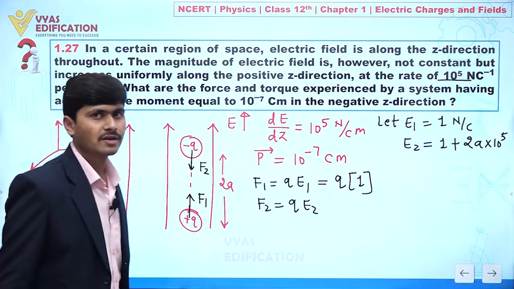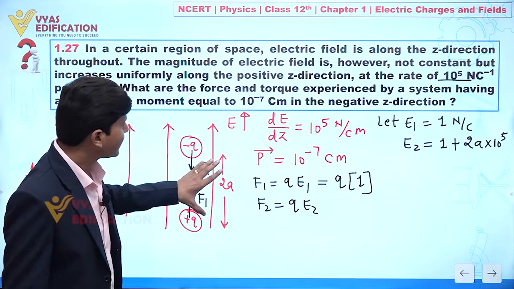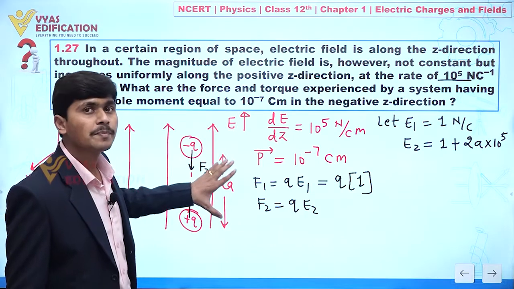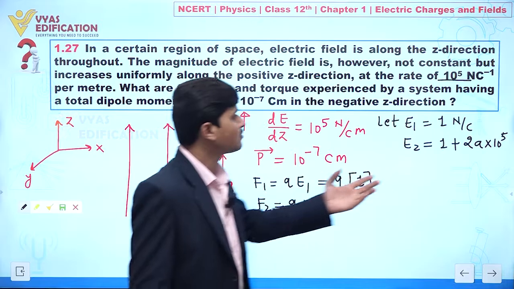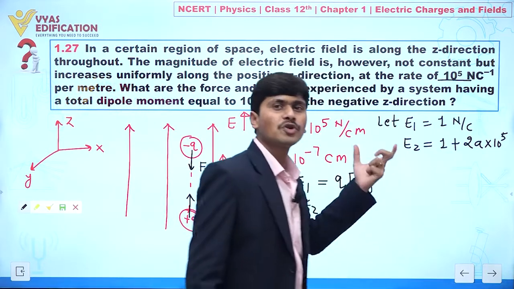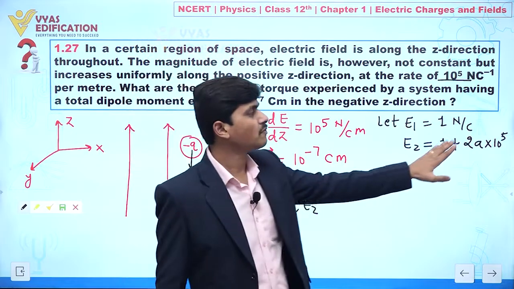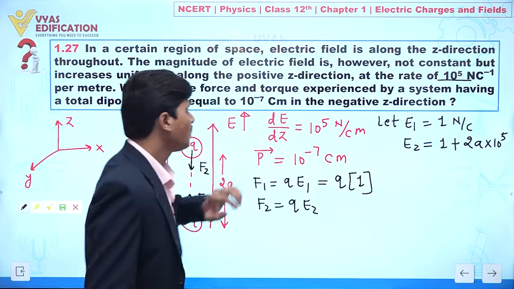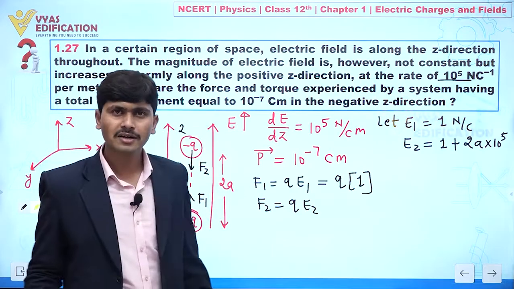So the total electric field at position 2 is 1 plus 2a into 10 to the power 5. This is position number 1 and position number 2.